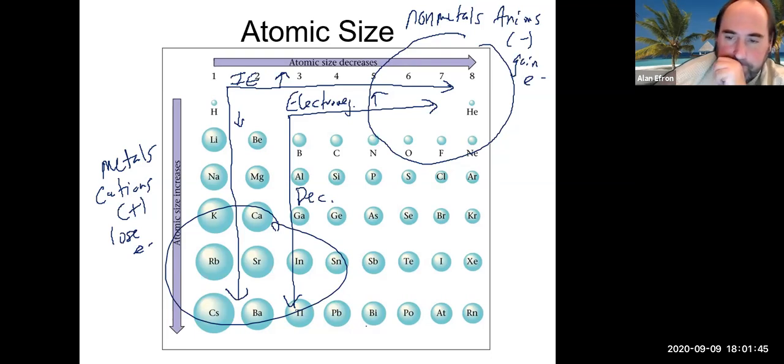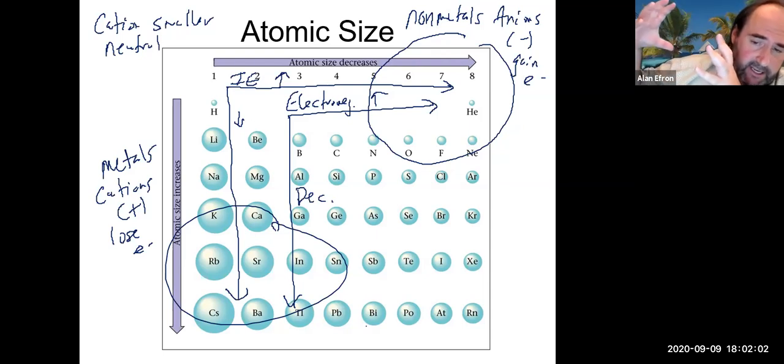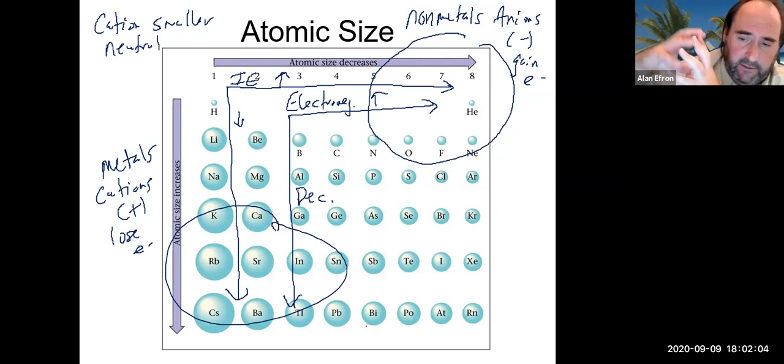And while we're talking about anions and cations, a cation is usually smaller than its neutral counterpart. So when something like sodium loses an electron, its electron cloud gets smaller, which means the size of the positive ion is going to be smaller than the neutral atom it started with.